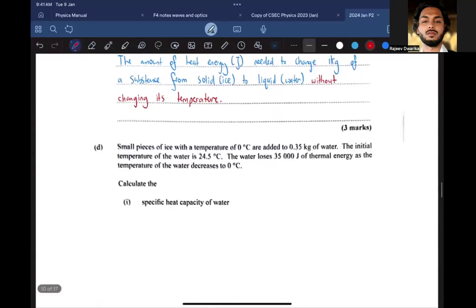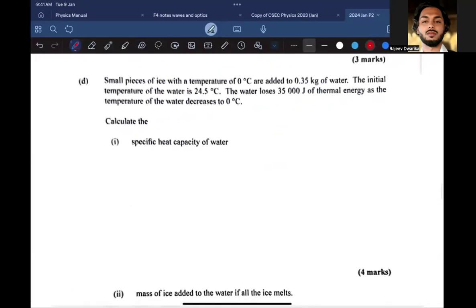Let's do an actual question now. So Justin, give that question a read for me. Small pieces of ice at a temperature of 0 degrees Celsius are added to 0.35 kg of water. The initial temperature of the water is 24.5 degrees Celsius.